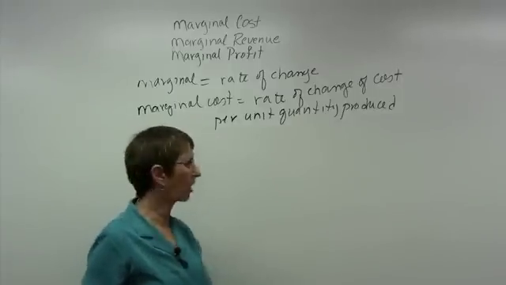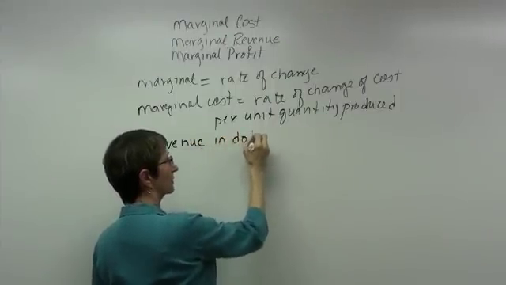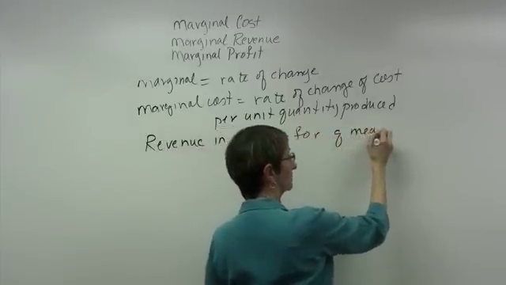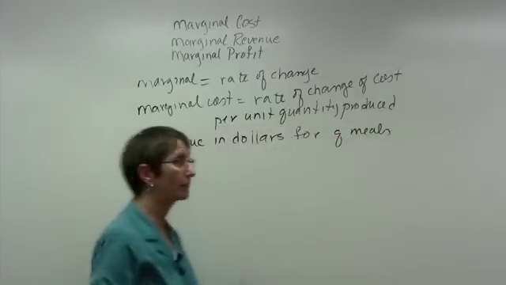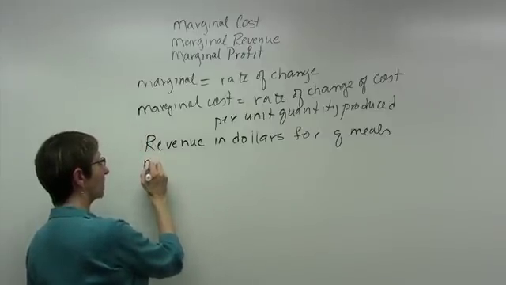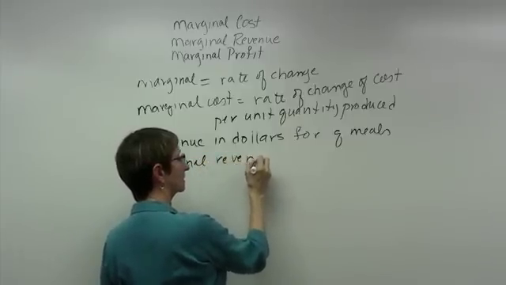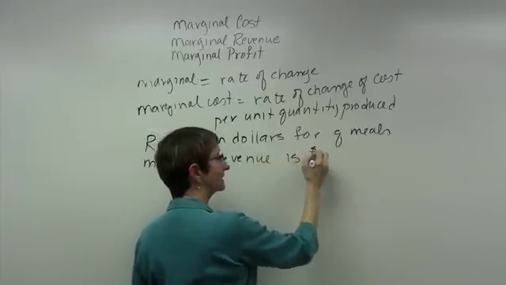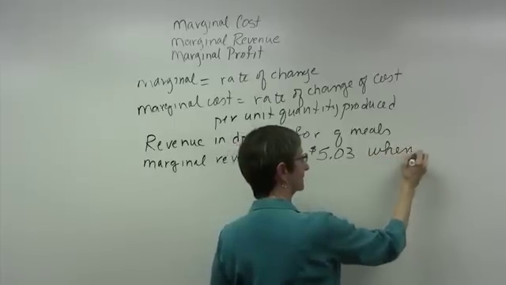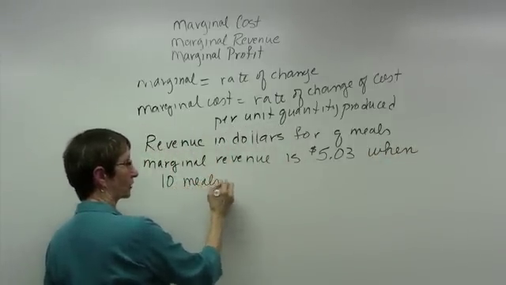So let's look at a revenue problem. Revenue in dollars for Q meals at a buffet where everything is a single price. And let's say that the marginal revenue is $5.03 when 10 meals are sold.